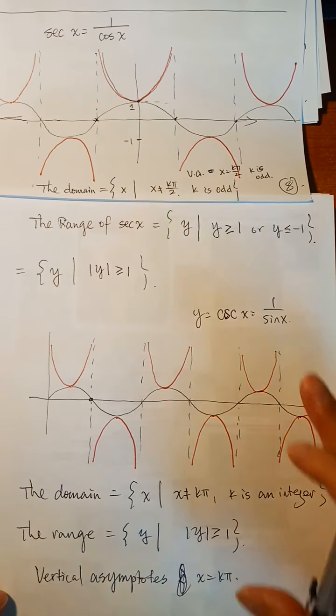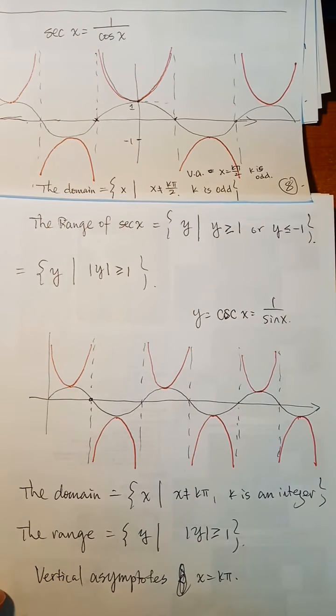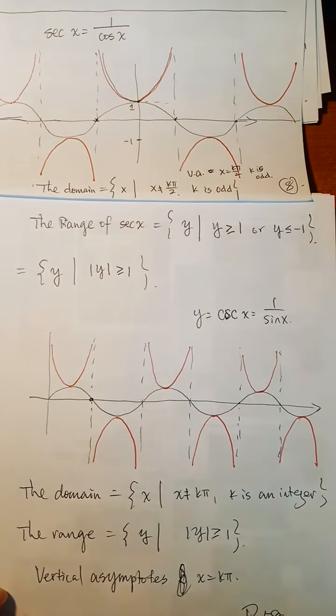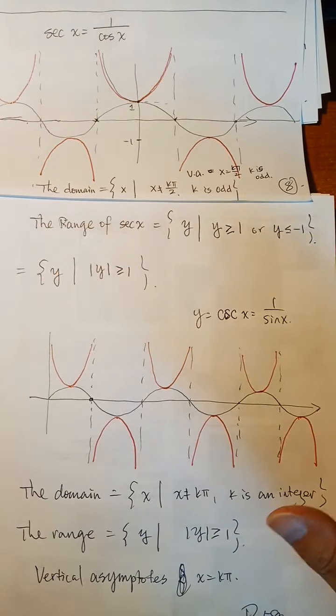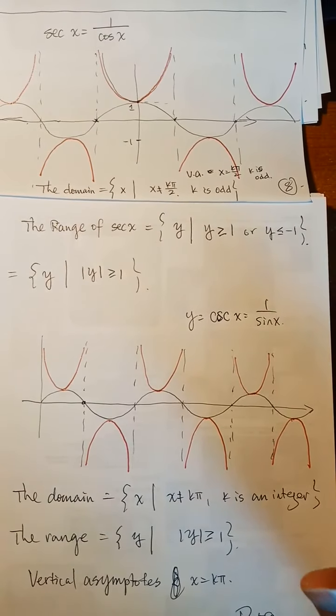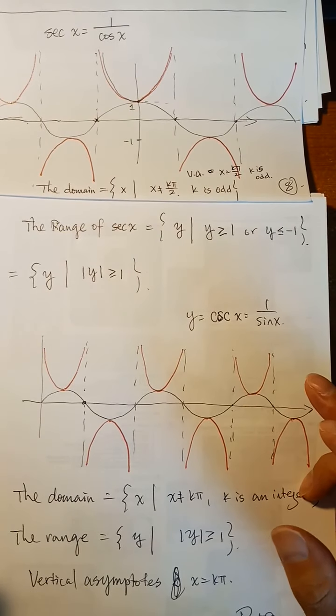Okay, so these two graphs for the red curves are on page 580. So you can consult these two pages on the graph in the textbook. Okay, so that's the explanation of the graphs of tangent, cotangent, secant, and cosecant.